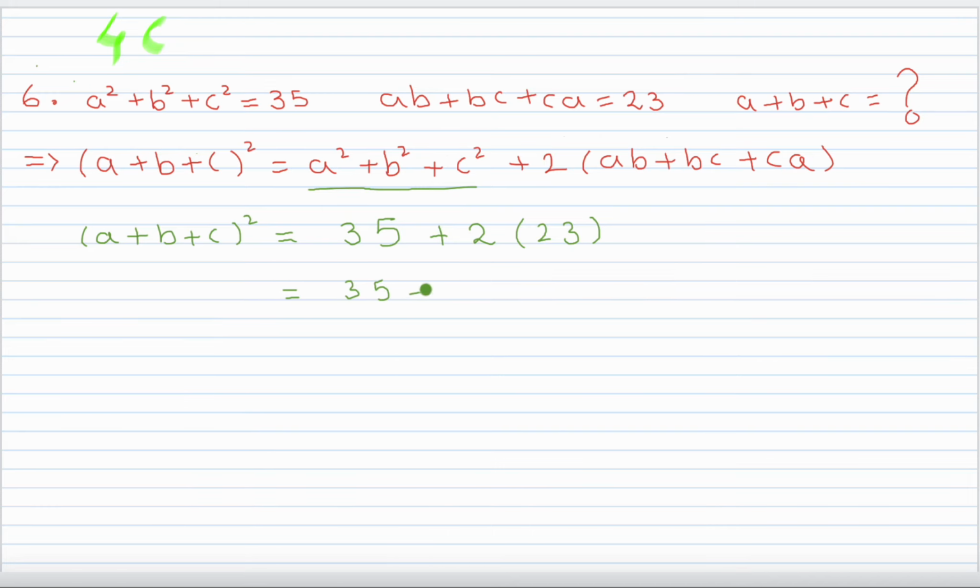So 35 plus 46, so here you will get 81, and here we have a plus b plus c bracket square. I'm going to remove this square, so I will get a plus b plus c is equal to plus minus 9. So your answer will be this.